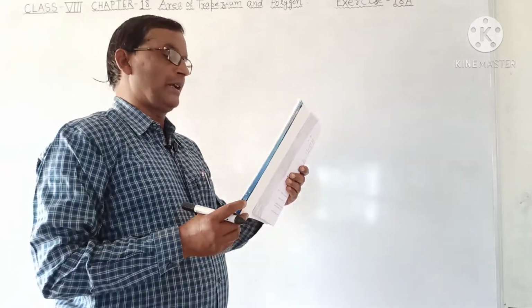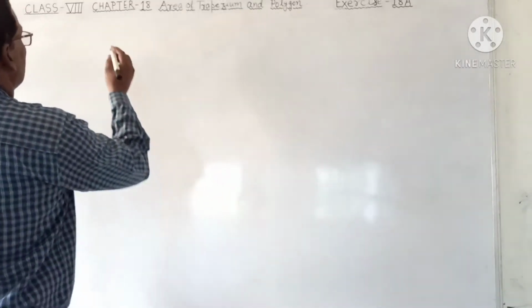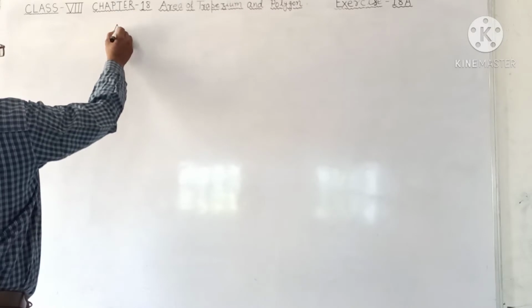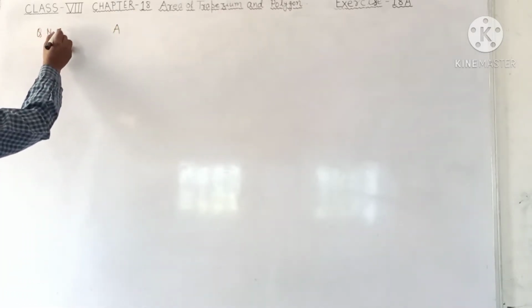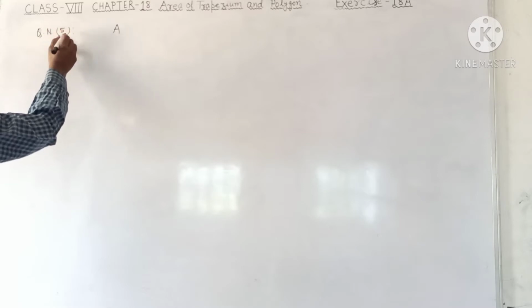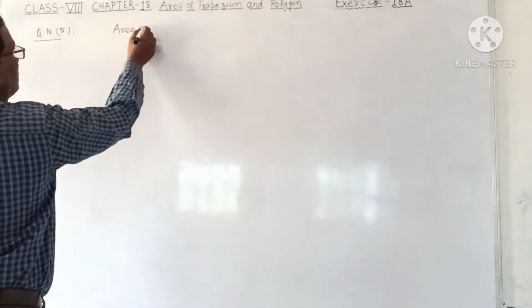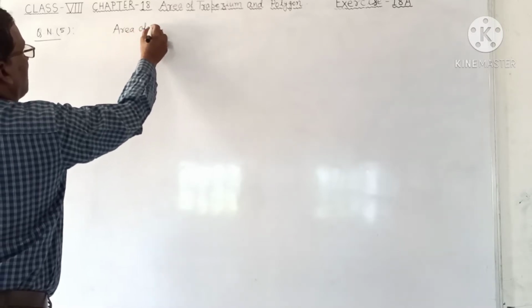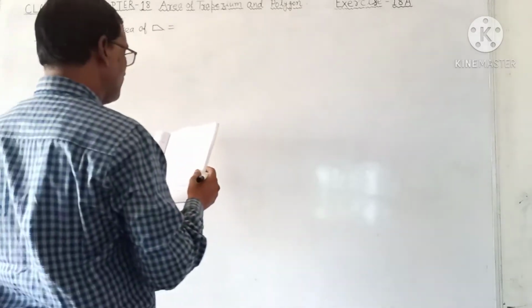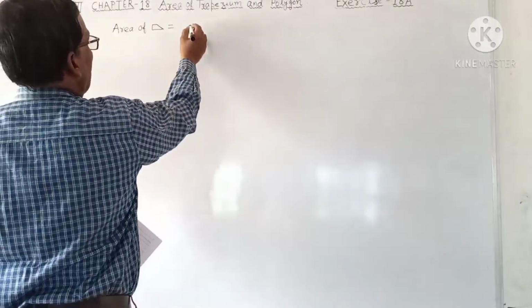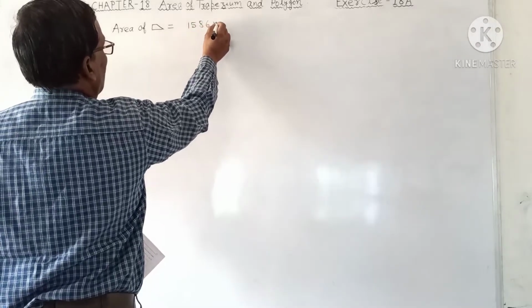If one parallel side is 84 meters, find the other. It is given, question number 5. Area of trapezium equal to 1586 meter square.